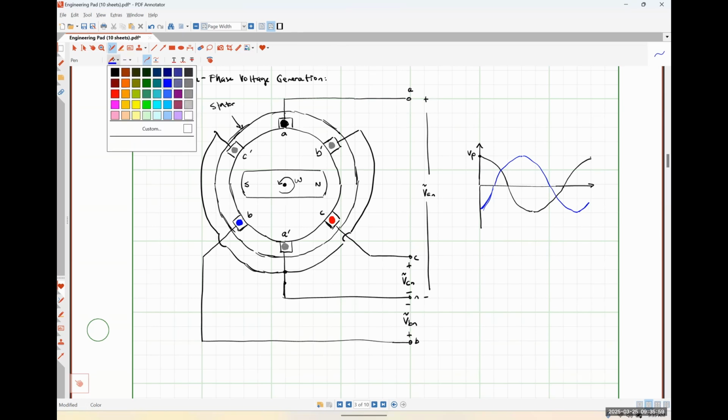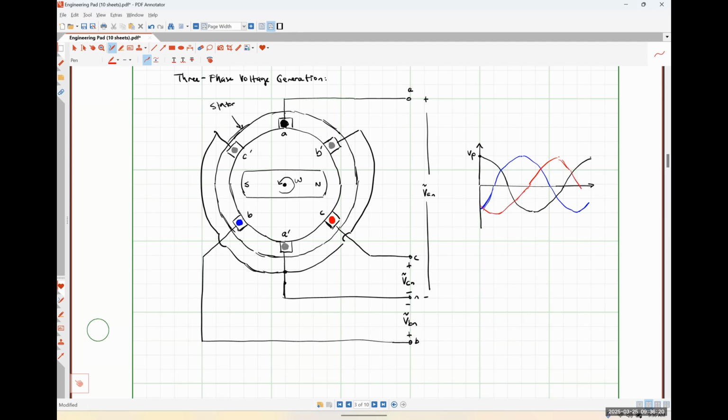And then because my C phase is 120 degrees physically from my B phase, it's going to hit its peak value in time a little bit later as well. So loosely, we're going to have a situation that looks something akin to this. Okay.